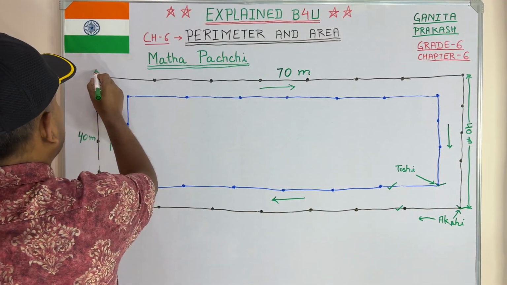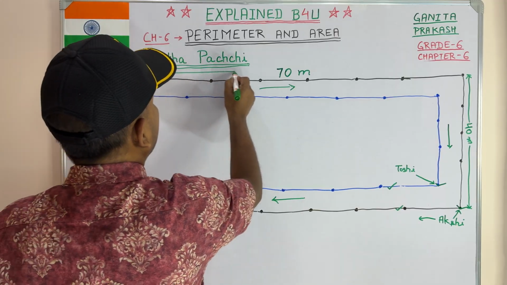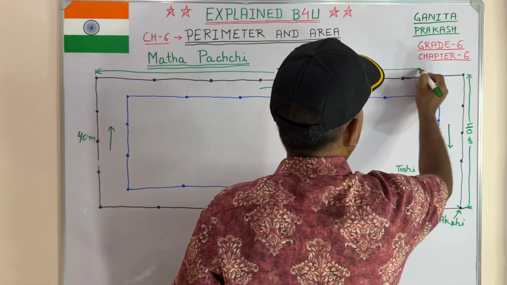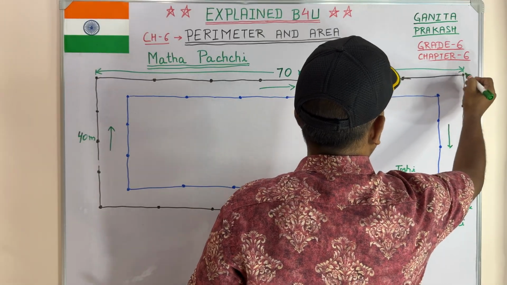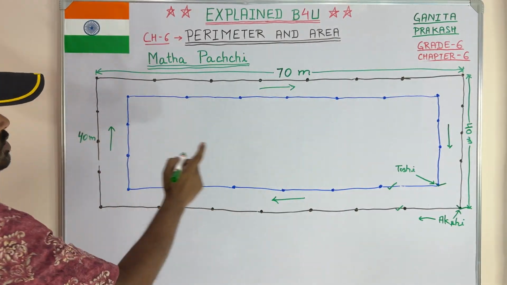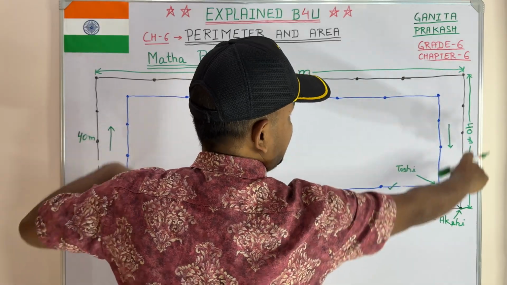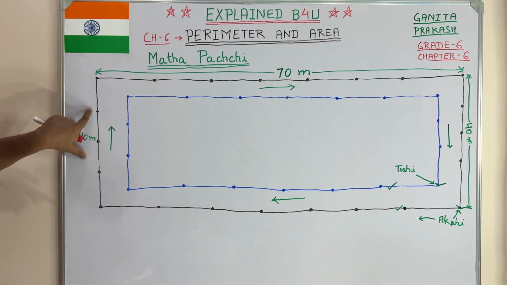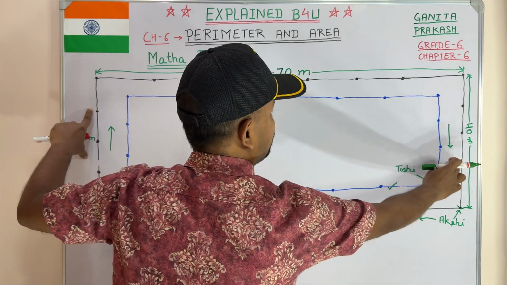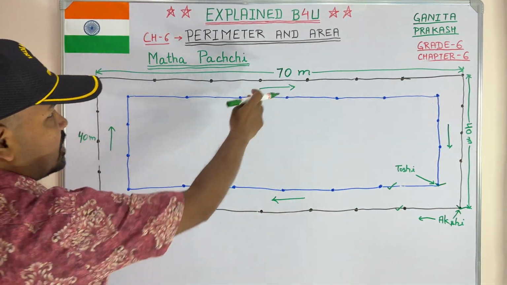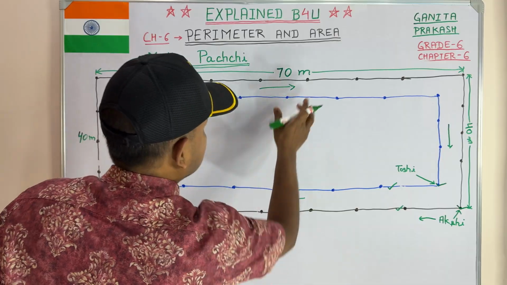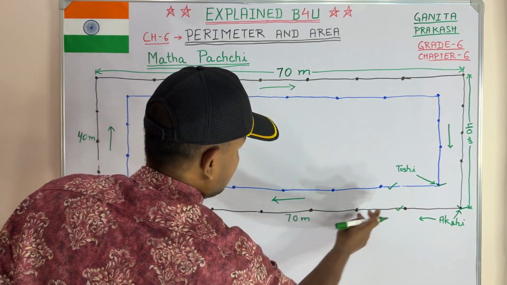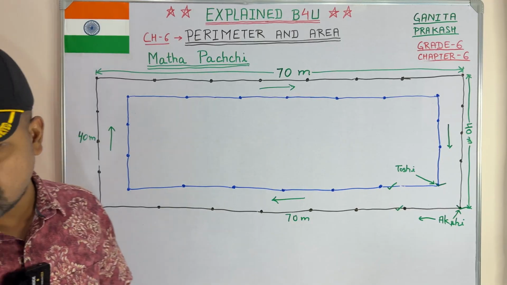And this is 70 meter. If this is 40 meter and it is a rectangle, so this will also be 40 meter. This breadth is 40 meter, so opposite sides are equal in a rectangle. So this length is 70 meter, so this will also be 70 meter. Outer track length will also be 70 meter.